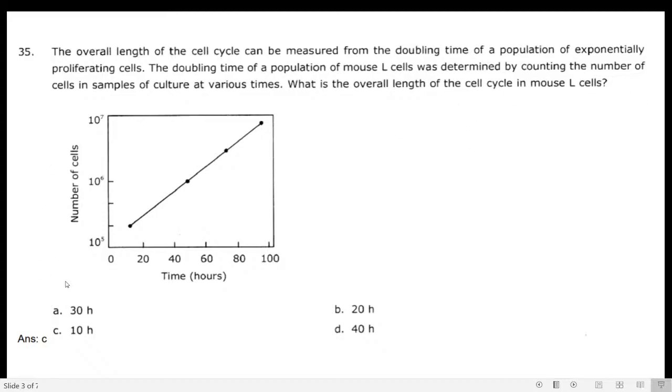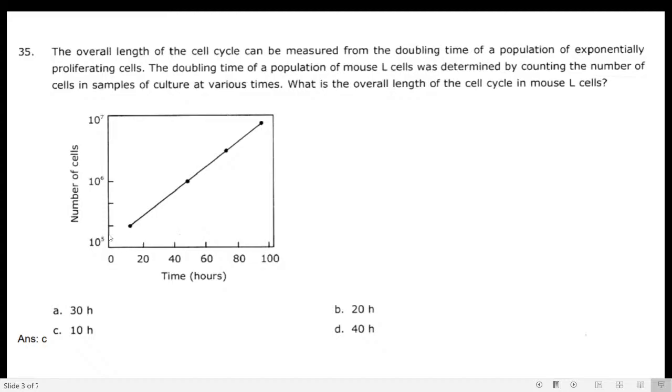In the mouse L cells, they mentioned the timings 20 hours, 40 hours, 60 hours, 80 hours, and 100 hours. The number of cells is initially 10^5, and it is doubling, reaching 10^6 and 10^7. It will increase with time.